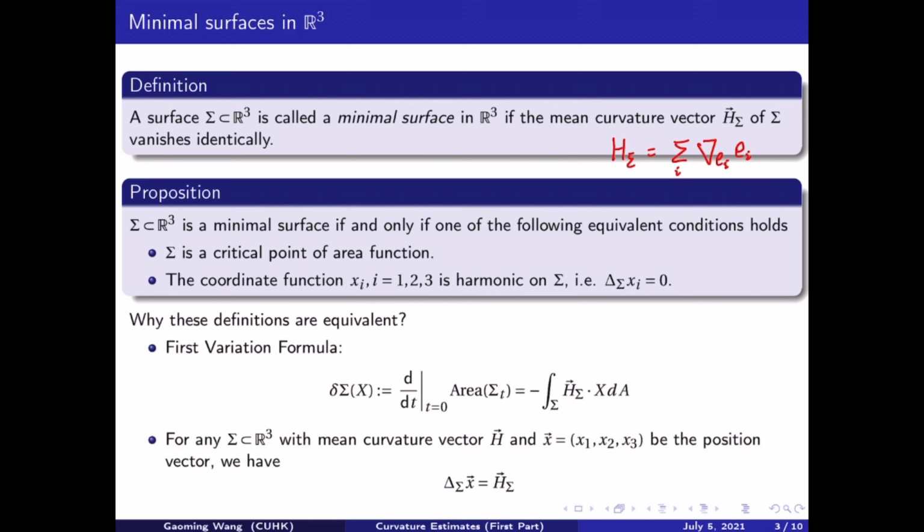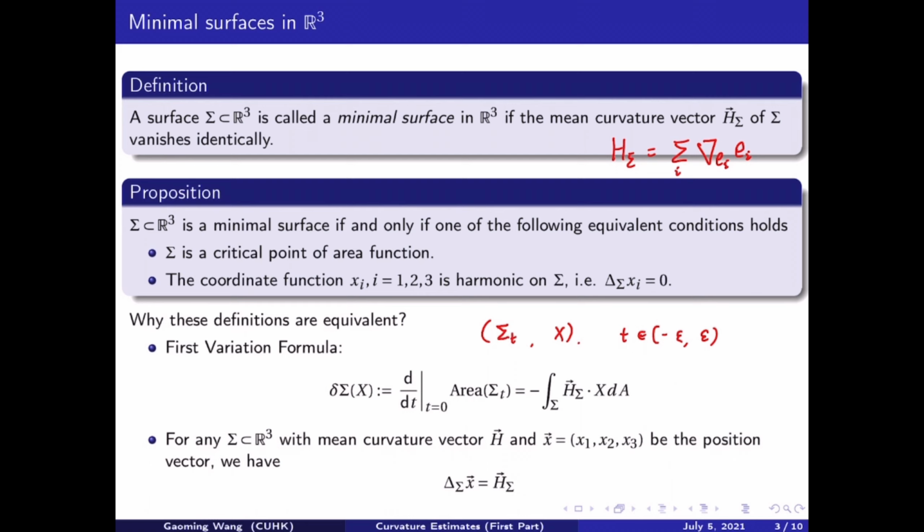This is because by the first variation formula, we can write out the first variation of area. For example, let sigma_t be a one parameter family of surfaces with variational vector field X, such that sigma_0 equals sigma.